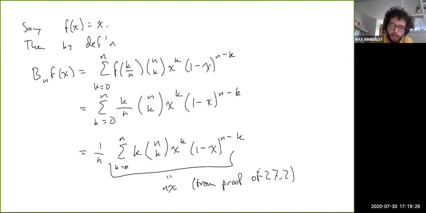Obviously you could replicate their argument if you want, but I'm just going to reference the proof here. So that means that this is just x. So Bnf of x is just x, actually, for every n. It's actually just the same as f itself. So that's kind of interesting.